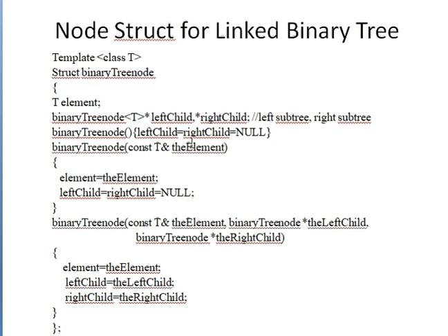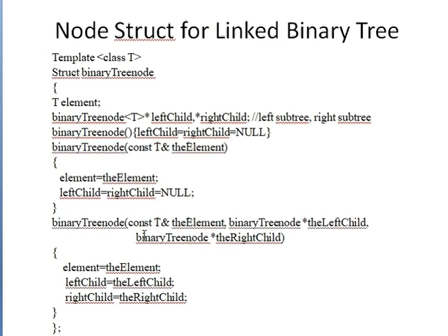It takes an element, loads it into the element component of this binary tree node, and the left child and right child of this particular node we make null. I repeat, the second instance of binary tree node takes one argument, and it is going to set the left child and right child of the binary tree to null.